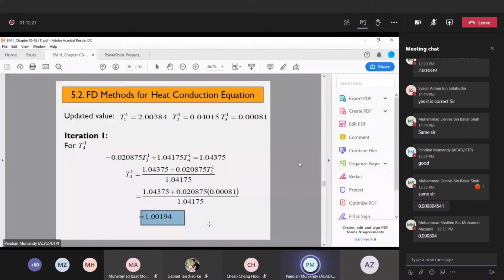This is iteration 1. We are going to complete. This is the last temperature, T4. T5, no need. So can you verify this, 1.00194?